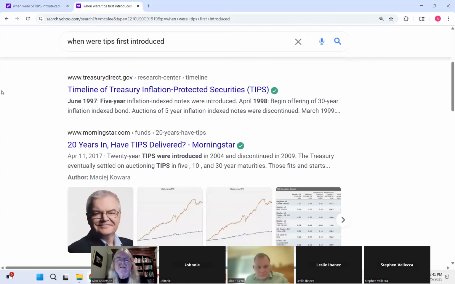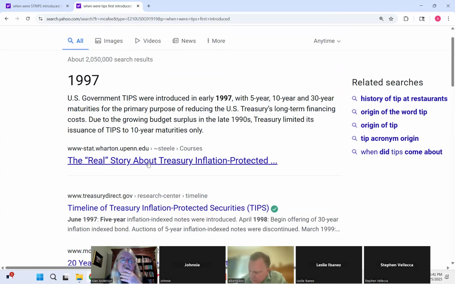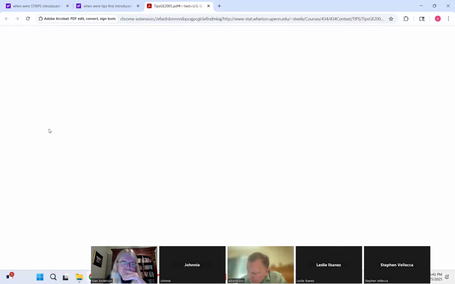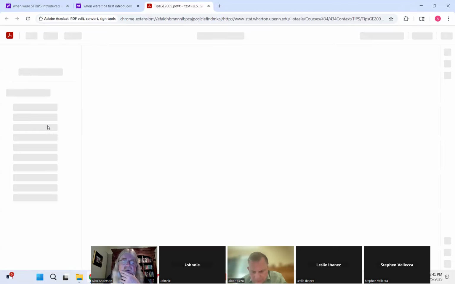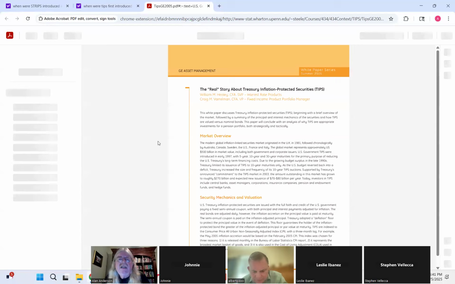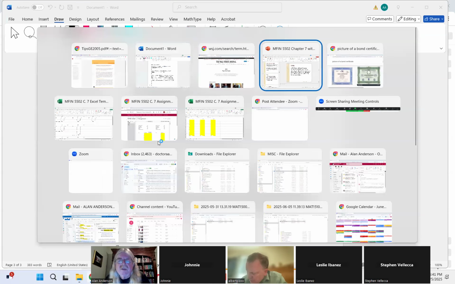They suspected that there were a lot of people who would buy these if only they existed. So the point of it is that the principal is adjusted, not the coupon, but the principal, so that no matter what happens to the inflation rate, you're going to get the same real rate of return. By the way, it can go both directions. Your principal can be reduced if inflation is very, very low. But anyway, these are just some of the main types of securities that are available in the marketplace.